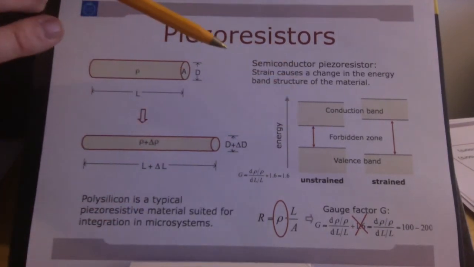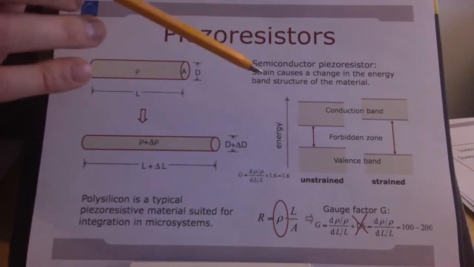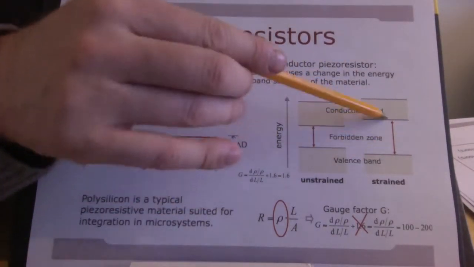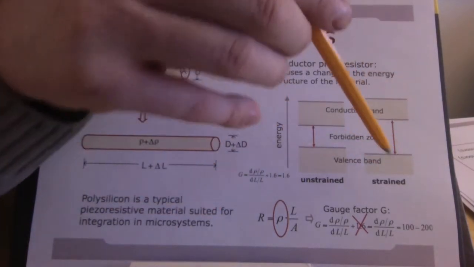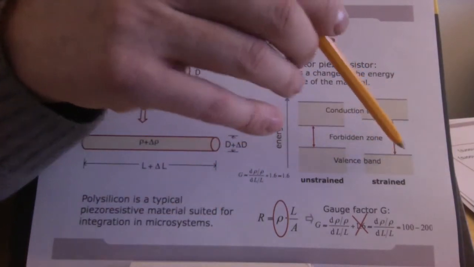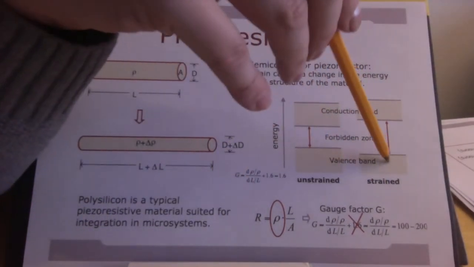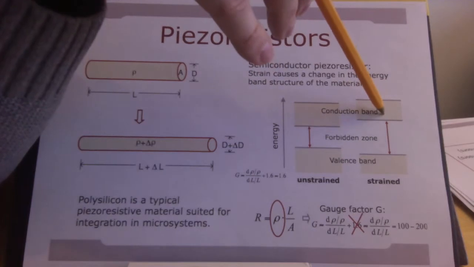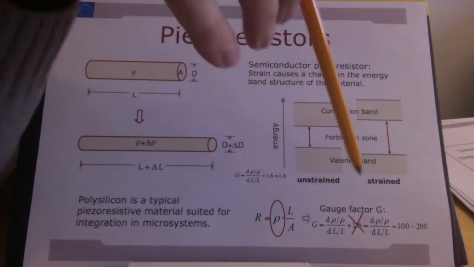If I strain the material, I change its crystallographic structure, which means my band structure is going to change. The energy bands are going to become higher, and it's going to become more difficult for an electron to jump from this point to this point. So my entire resistivity, delta rho, will change.